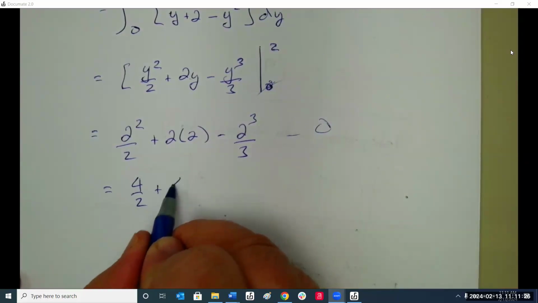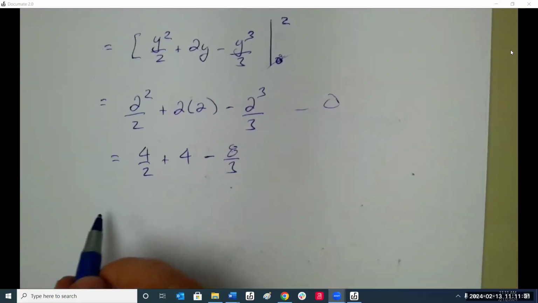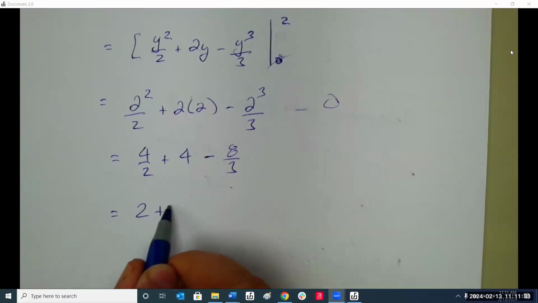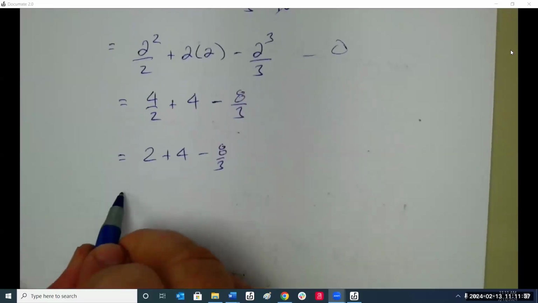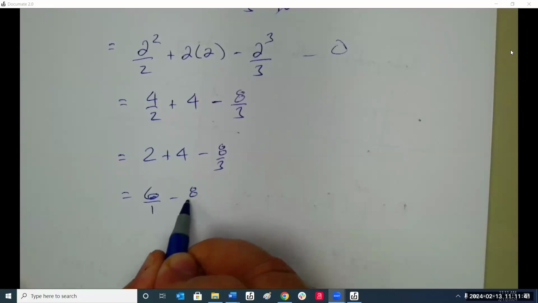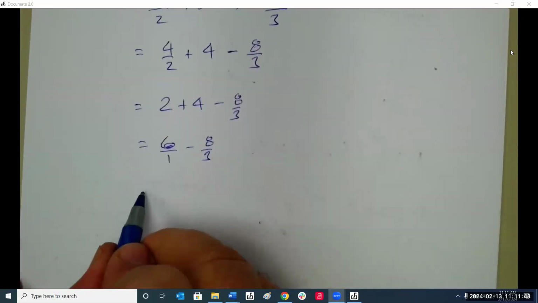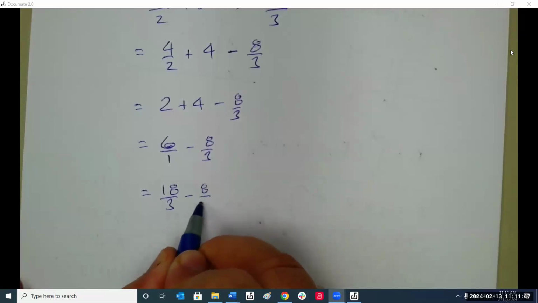4 over 2 plus 4 minus 8 over 3. 6/1 minus 8/3 was 18/3.